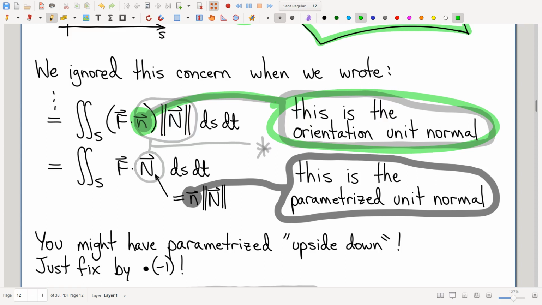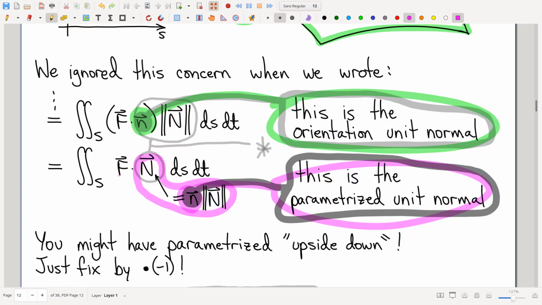Right? And then I made my parameterization, and therefore the blah, blah, blah. I made a bunch of stuff that all comes out of the parameterization, one of which is the parameterization unit normal, which governs which direction my capital N vector points.